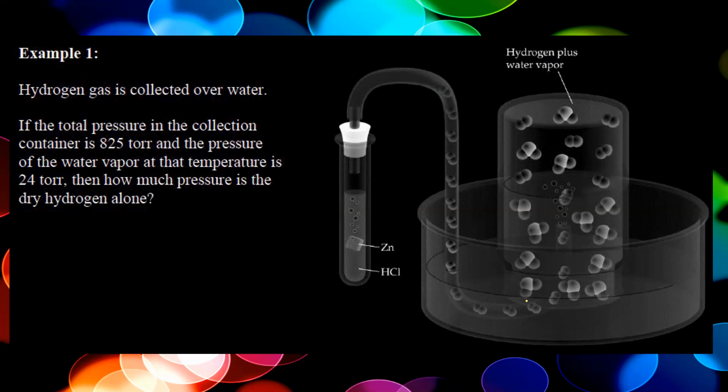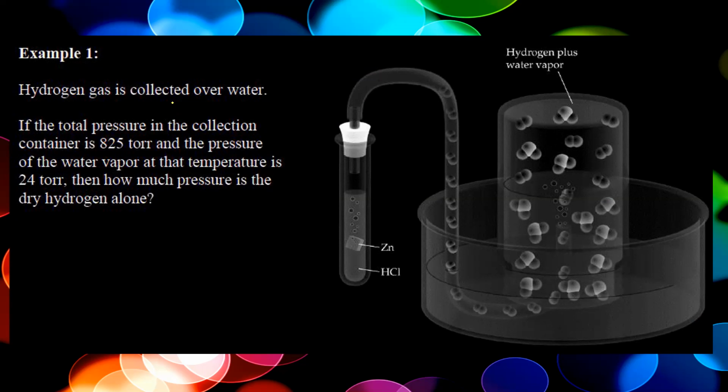Some of the water that was in the test tube evaporated as the hydrogen bubbled up. Well, if I'm doing gas laws, I don't want to do gas laws with evaporated water. I just want to know what the gas pressure is. So we'll use Dalton's law to get rid of the water vapor mathematically.